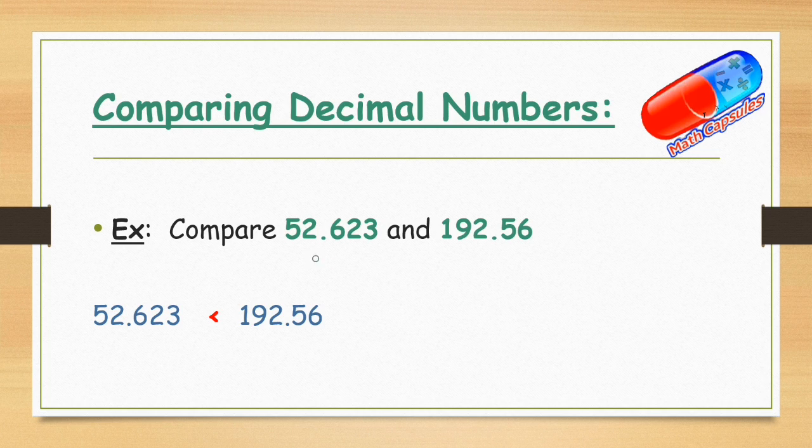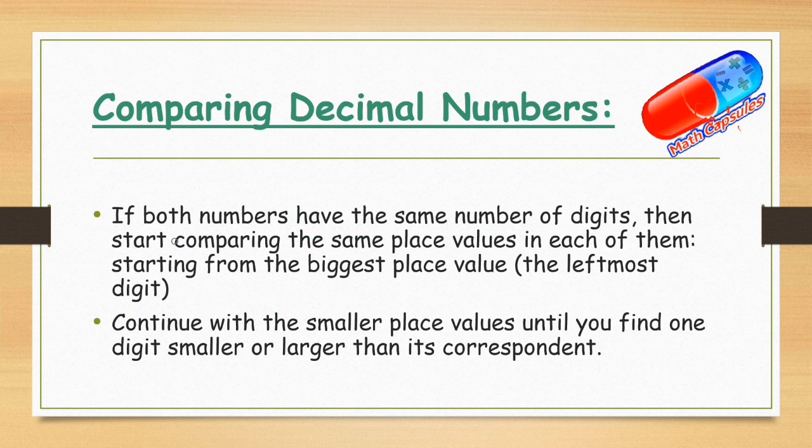Which one is greater? Here we have 2 digits, here we have 3 digits. So I just put my sign: 52.623 is less than 192.56.